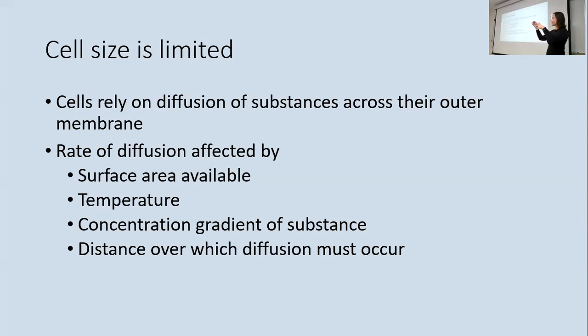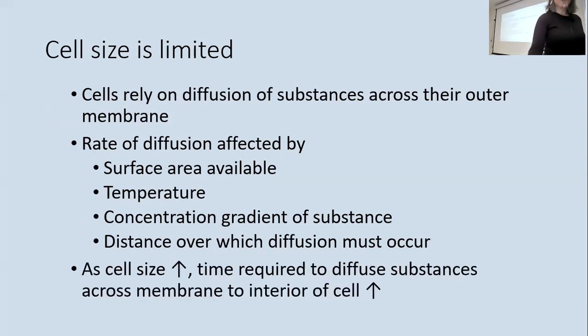Because the cell is relying on things diffusing in and then getting where they need to be, right? And so as cell size increases, right, the distances in the cell are getting larger. And so as cell size increases, the time required to diffuse things from outside to wherever they need to get also increases, right? So the bigger the cell gets, the slower it would be at getting things where they need to be.